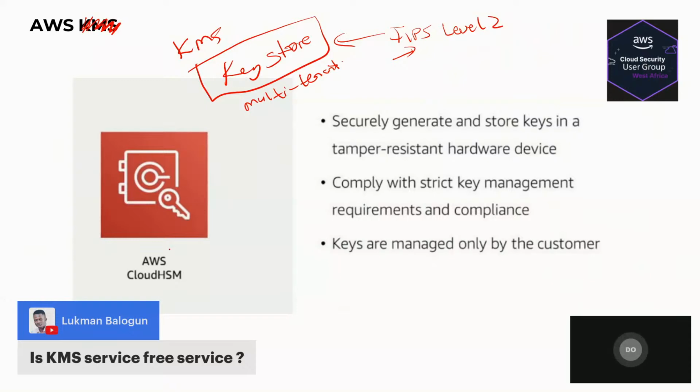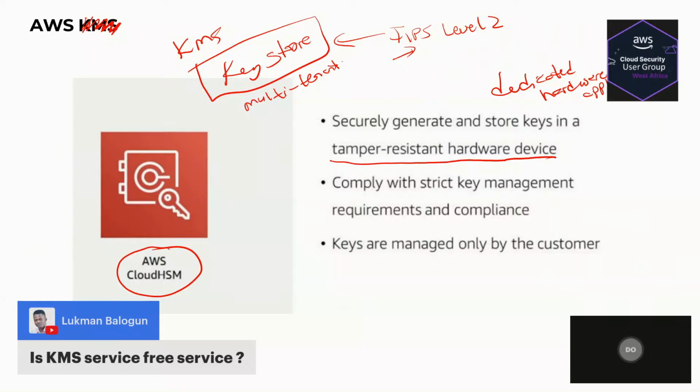So this is where Cloud HSM comes in to help us. Cloud HSM gives us a dedicated hardware appliance to store our keys and to perform our cryptographic operations. So not shared with any other customer, right? Also, Cloud HSM is more tamper resistant than KMS.